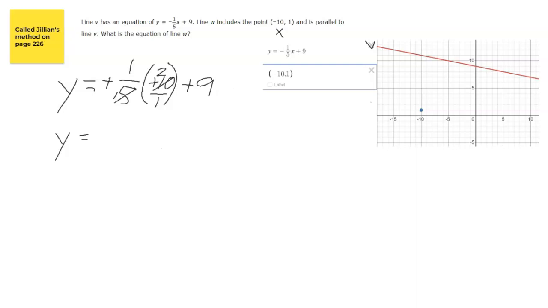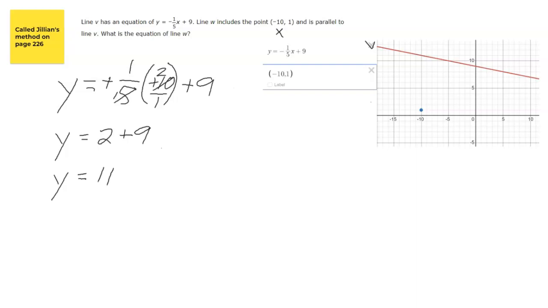So I can simplify that. I can divide 5 by 5 and get 1. I can divide 10 by 5 and get 2. And so when I multiply these together, I'm going to get 2/1, which is just 2. And now I bring down my plus 9. And look, I now know that my y equals 11.